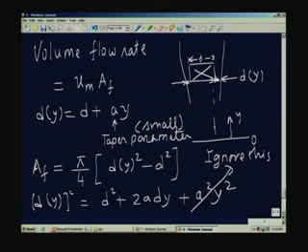If we ignore that, you see that d of y squared is d squared plus 2ady, and in d of y squared minus d squared, this d squared will cancel.